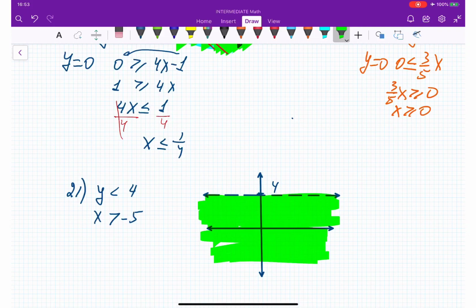Next, x is greater than negative 5. Negative 5 is here. Let's say negative 4, negative 5 is right here. And it's going to go dashes also. So greater than negative 5, which means it's going to come this way. And this is going to be the solution, yeah?